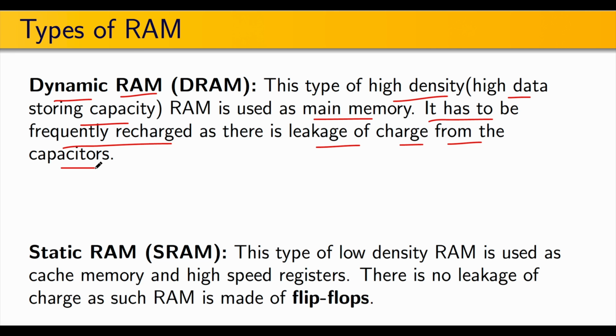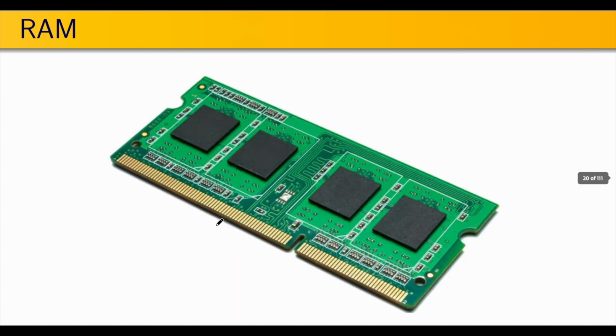Since there is leakage of charge from the capacitor, it has to be frequently refreshed or recharged. But the important thing about this kind of RAM is that it is high density. It has high data storing capacity. So this is dynamic RAM, which is what is shown here.